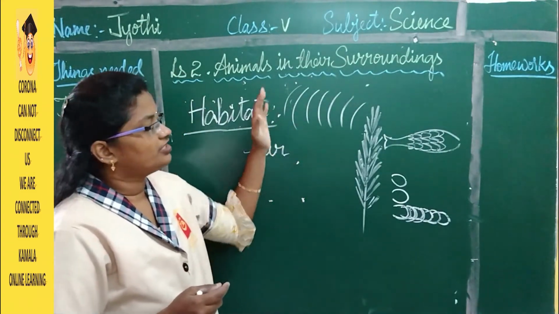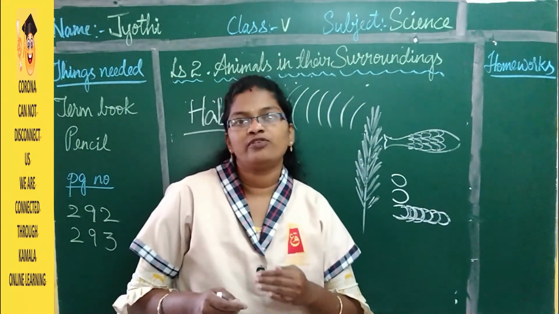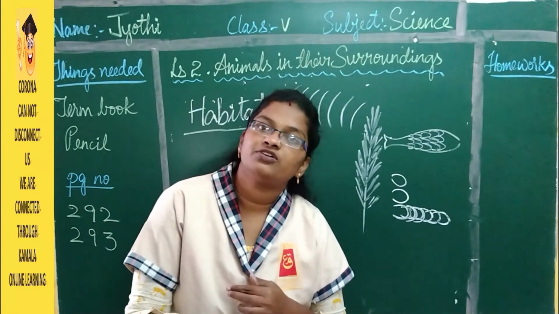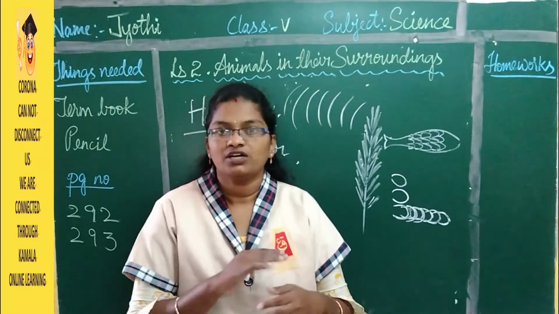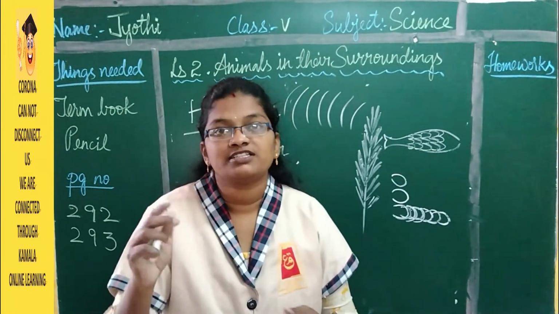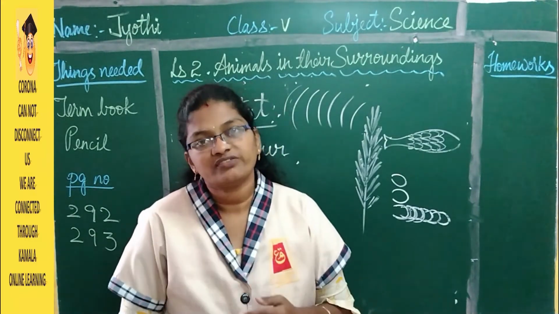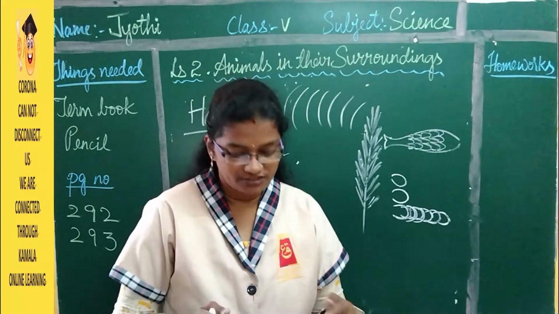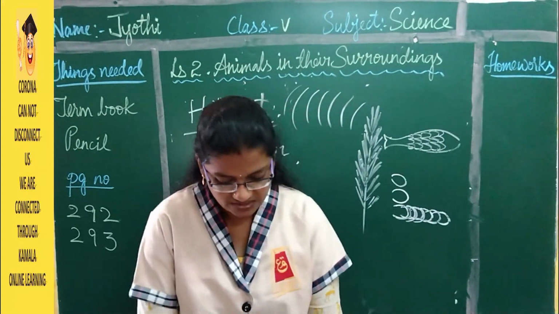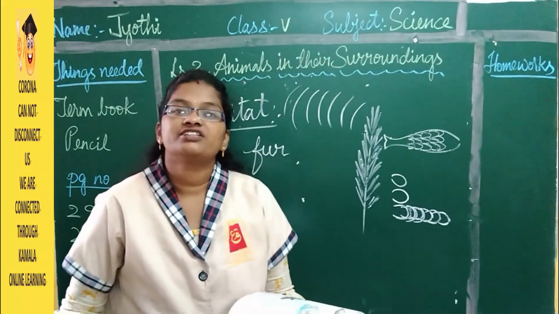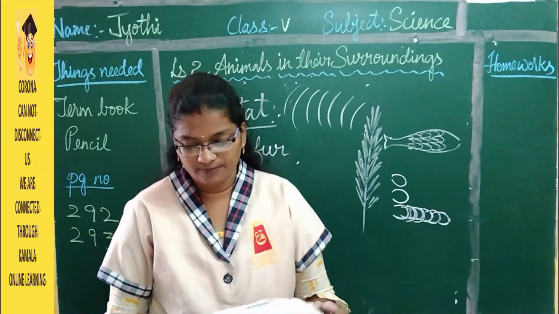If the chameleon is on the roof or on the floor, it is going to change its color into the floor or the roof color. If it is on the trees, it changes its color to green, right? So this kind of feature is called camouflage.